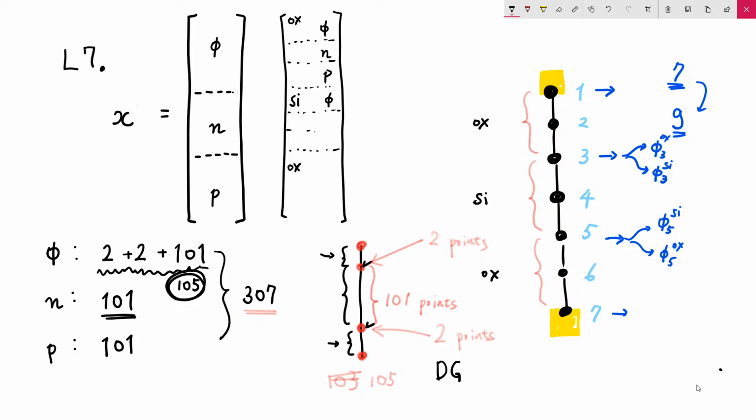I made a mistake, so sorry about that. For the oxide region, it is not possible for us to define electron density. I made real mistakes here.